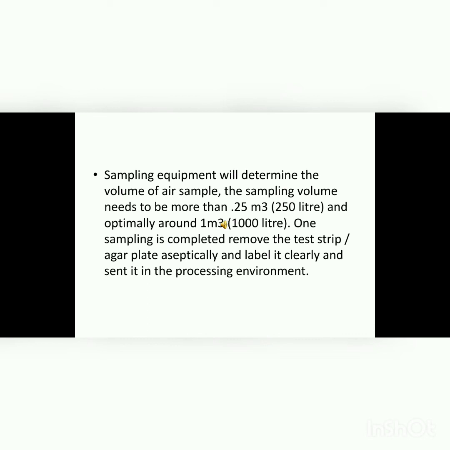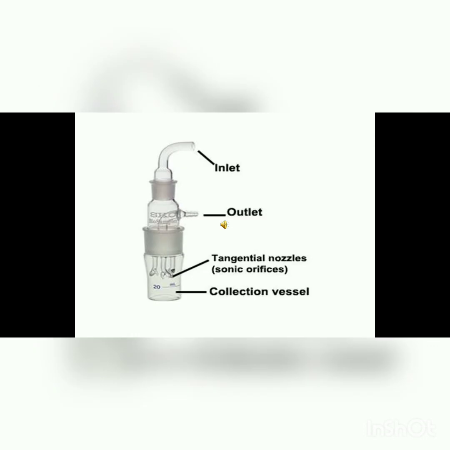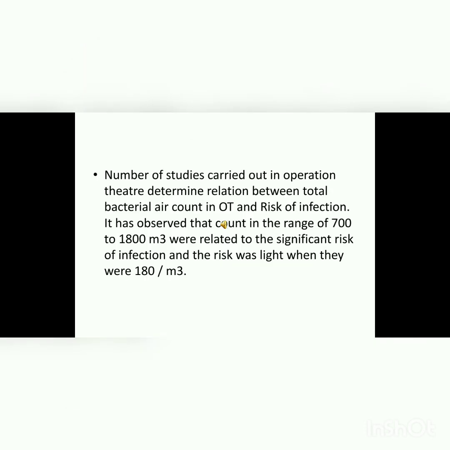The sampling volume needs to be more than 25 cubic meter and optimally around 1 cubic meter. Once sampling is completed, remove the test strip or agar plate aseptically and label it clearly. The next one is a liquid impinger. You can see the inlet, outlet tube, the collection vessel, and the tangent nozzles.